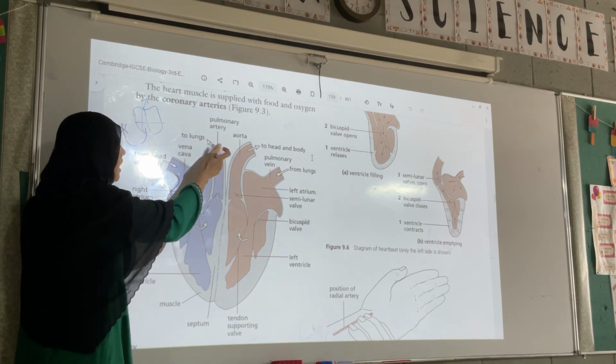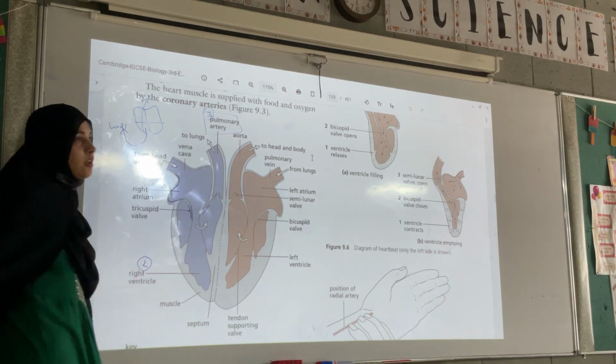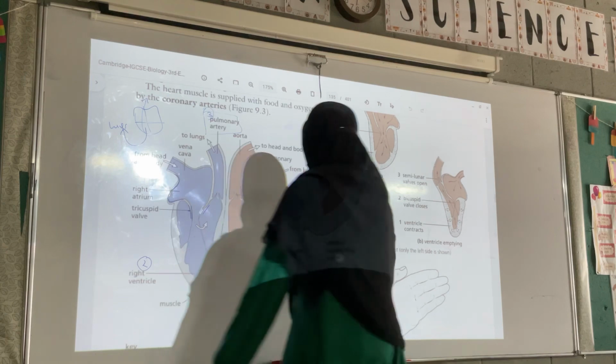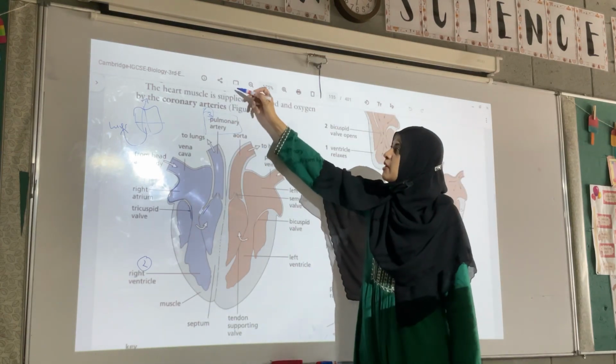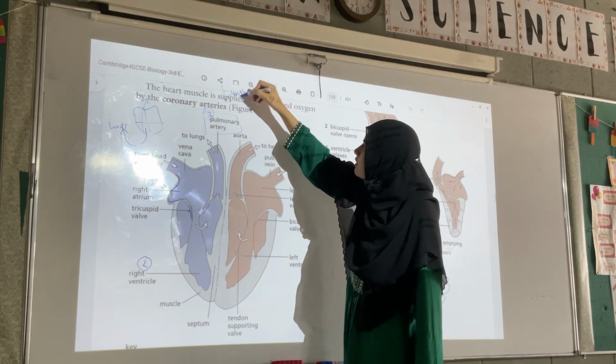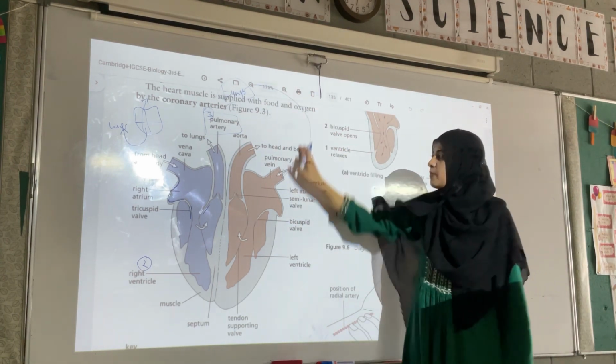Through this pulmonary artery, it goes to the lungs. From the lungs, you can imagine here is the lungs, it goes through the pulmonary veins. So these are the pulmonary veins.